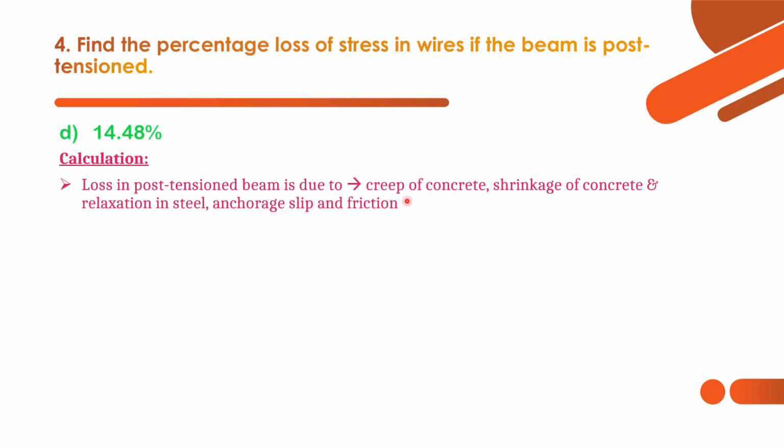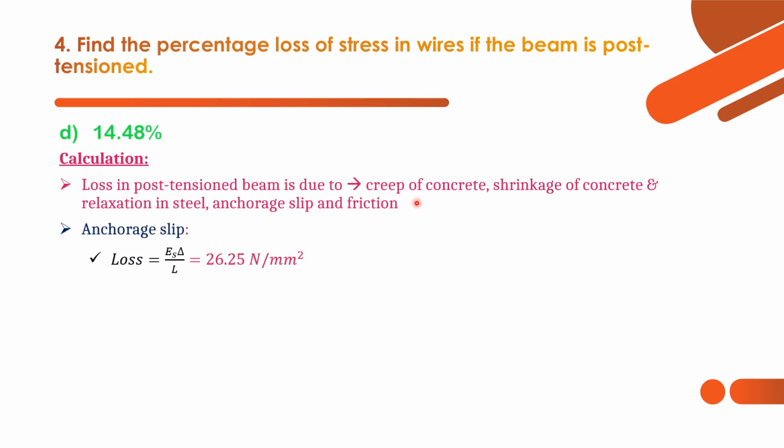So here we have 5 losses, but we have to consider elastic deformation of steel in case many tendons are simultaneously tensioned. So that is a different case. But for now we can restrict up to these 5 things. In case of a post-tensioned beam, we have to consider the 5 losses: creep of concrete, shrinkage of concrete, relaxation in steel, anchorage slip and friction.